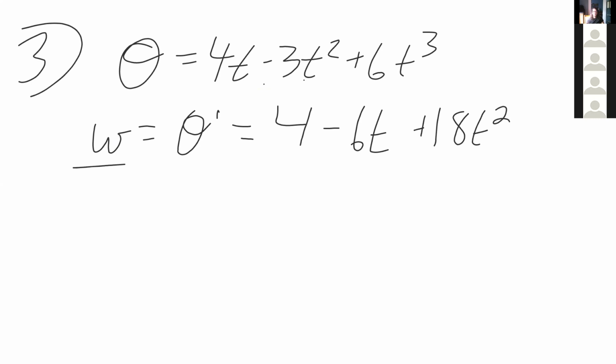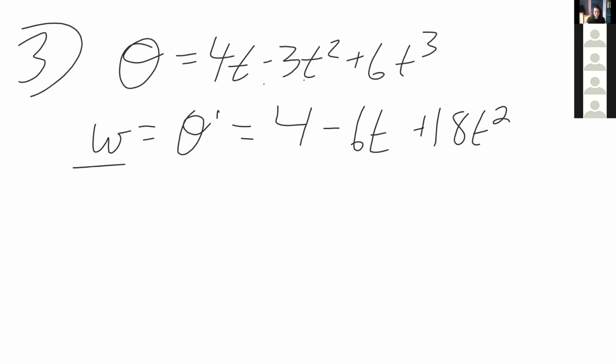They ask you to evaluate it at 2 times. I'm going to bet that everyone has a good handle on how to do that. They then ask us about the average angular acceleration for a given time. And the average acceleration, well, first of all, angular acceleration itself would come from a derivative.